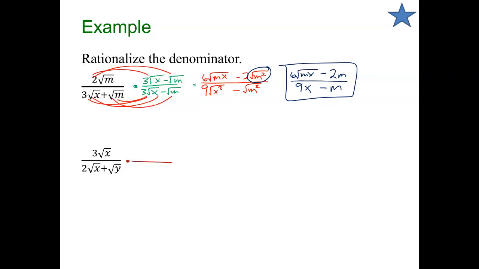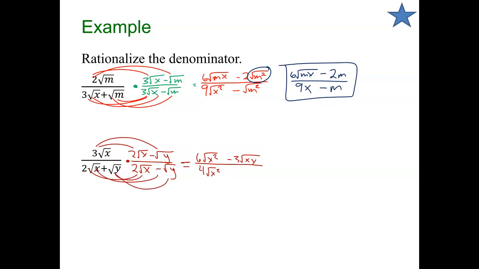Conjugate for the last one. Okay. First multiplication. Second one. Denominator. Okay.